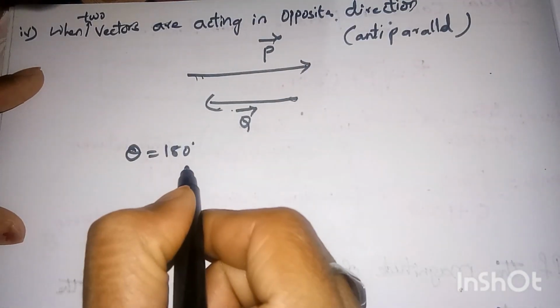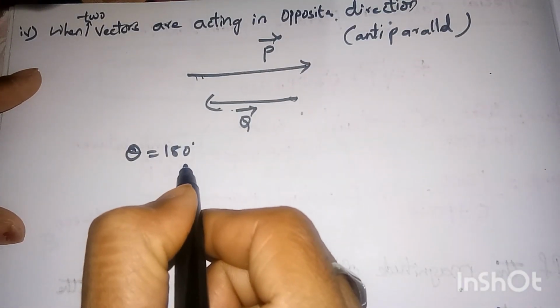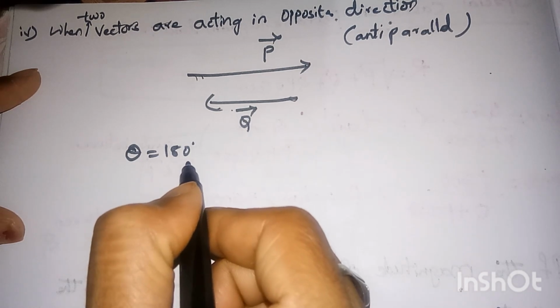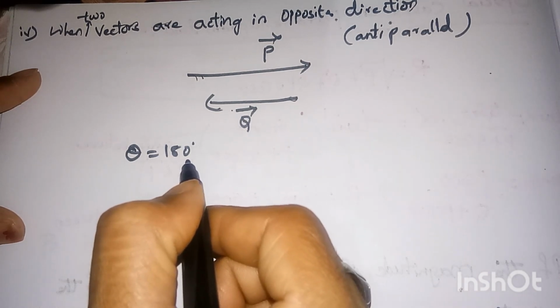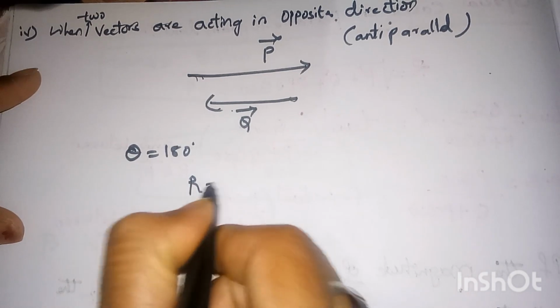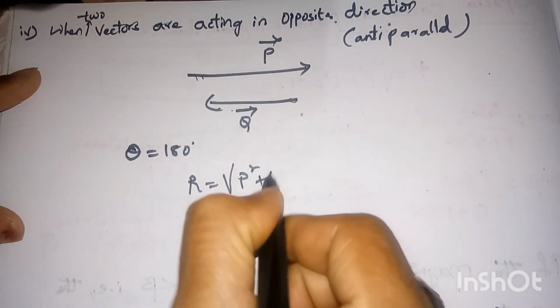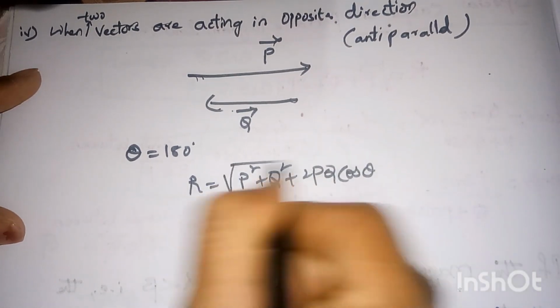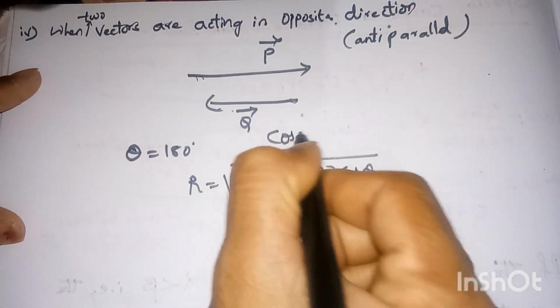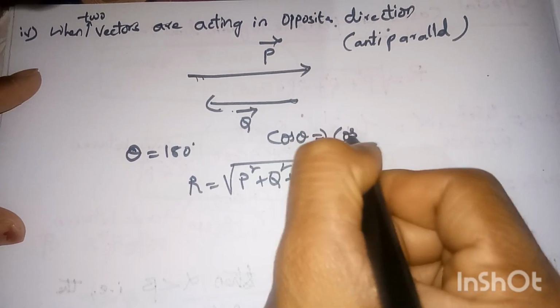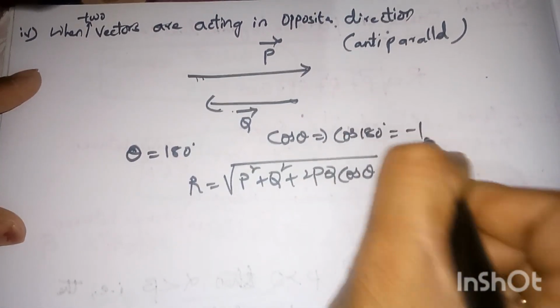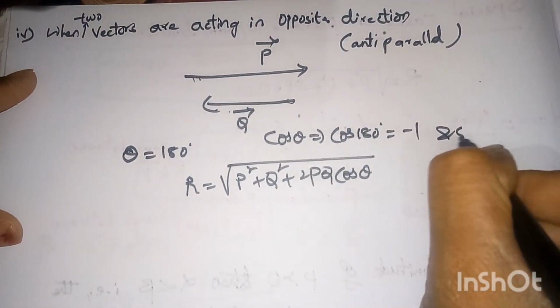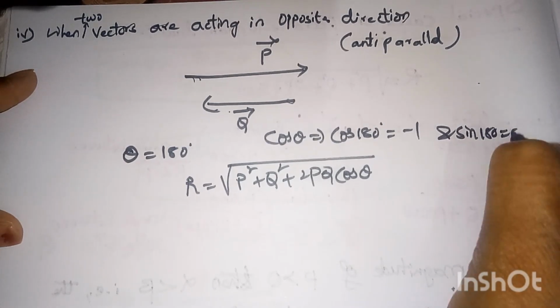So now we are going to find the magnitude and direction of the resultant. r equals under root p square plus q square plus 2pq cos theta. So what will be cos theta? That is cos 180 degrees, that will be minus 1, and sin 180 will be 0.